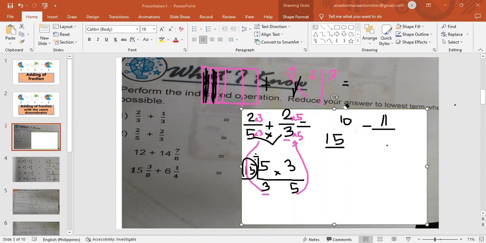So, that is the reason why we got 11 over 15. Now, let's see the illustration. So, what is our common denominator again? That is 15. So, let's make this 2 in 1.